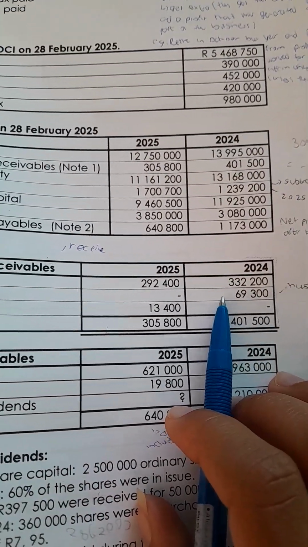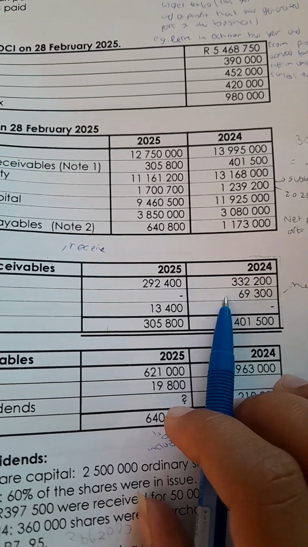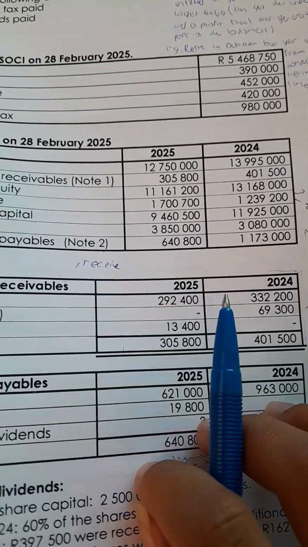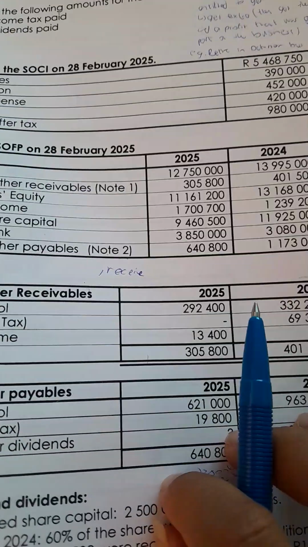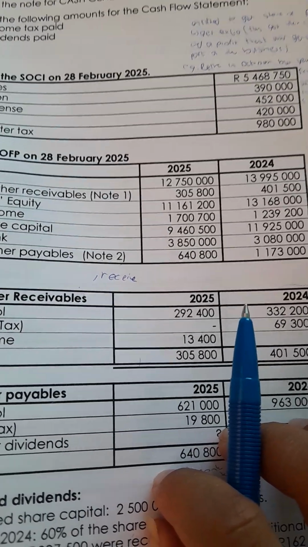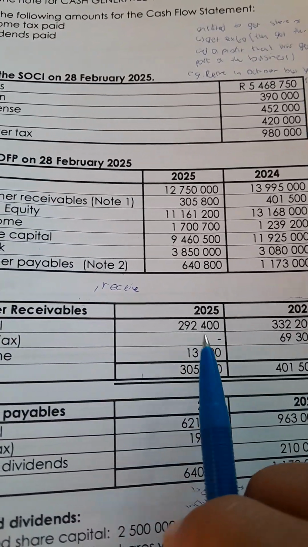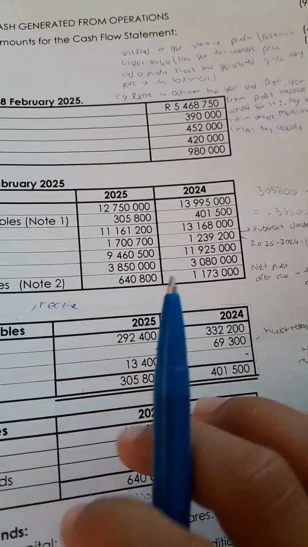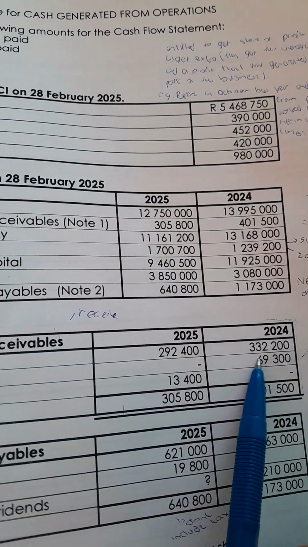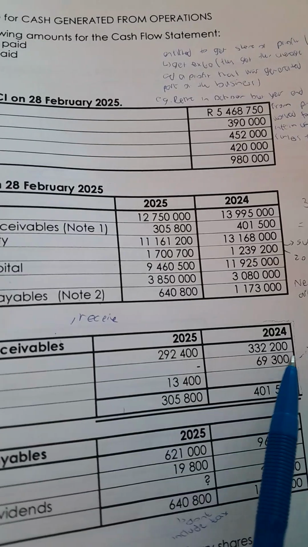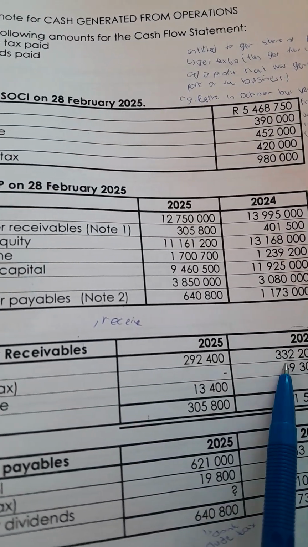That means that we overpaid SARS, no? So basically what happens is that during the year, we pay tax. We assume my tax will equal this amount. And then at the end of the year, we get how much our tax actually is. So if our tax is in a receivable amount, it means we must receive money back.